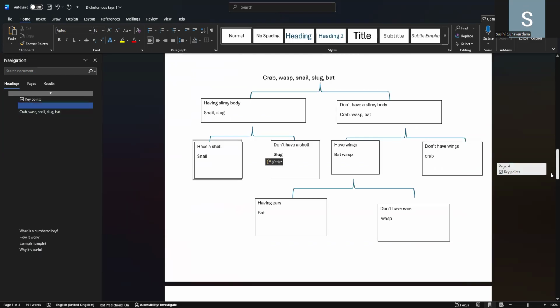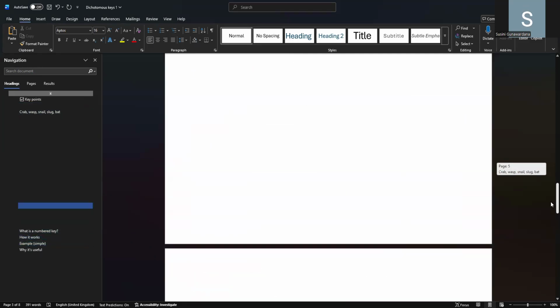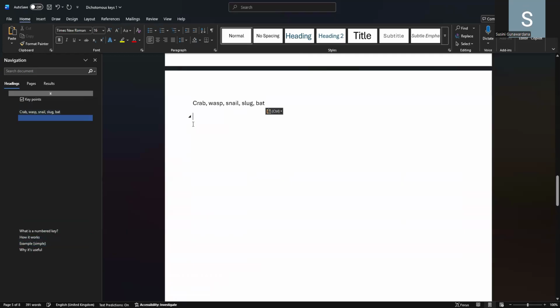We'll do it quickly. I will write this one. You have to put one. These are the key things that you have to remember. You put one and A. That is having a slimy body.